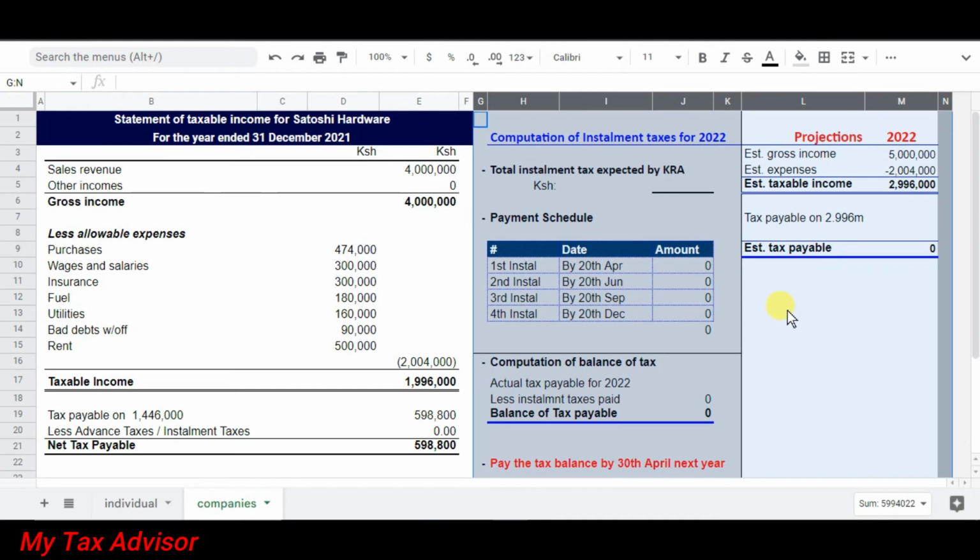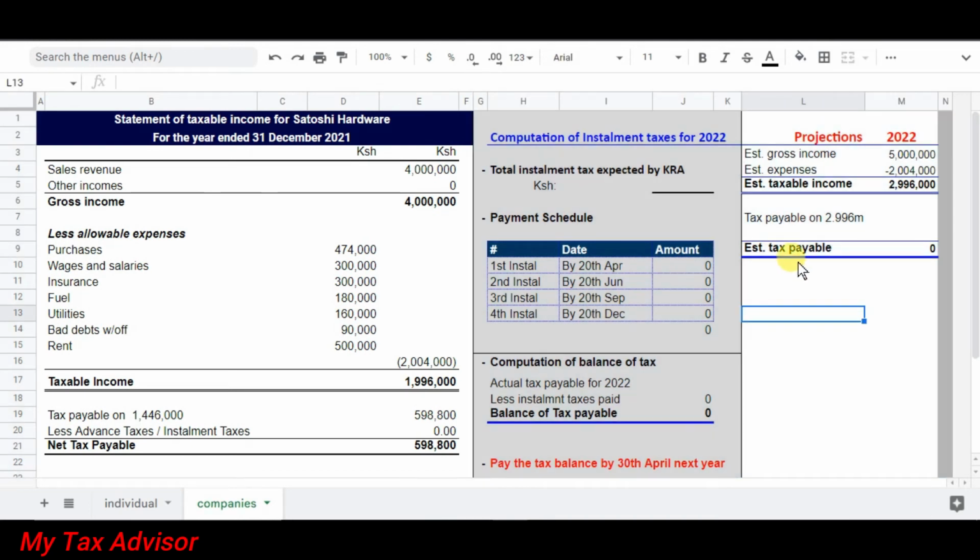Now consider also a scenario whereby the company has done projection at the beginning of the year, and they are estimating that this year they're not going to make 4 million, they're going to make 5 million in sales. All right, and they're estimating that the expenses are just going to remain the same, 2 million, but the profit they're estimating to make is 2.9 million.